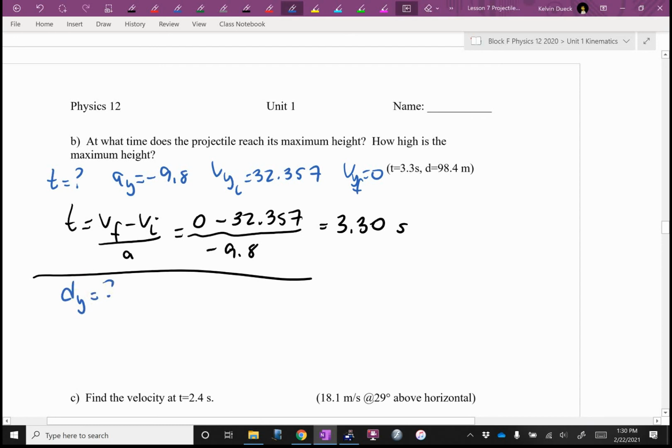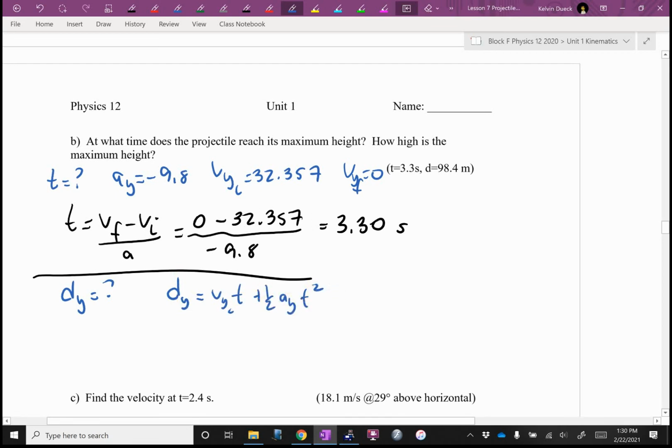I'm not going to rewrite everything because I have it all listed here. How can I find the vertical displacement? Which equation? Loud and proud, Ren, you're right. dy equals vy initial t plus a half ay t squared.